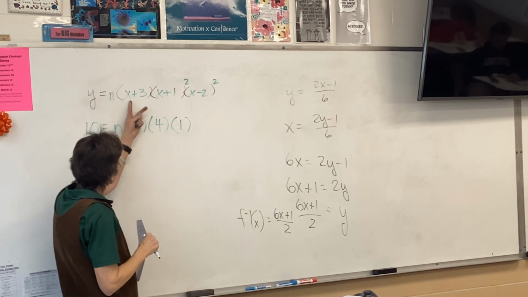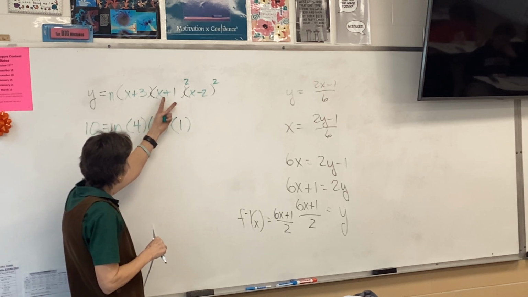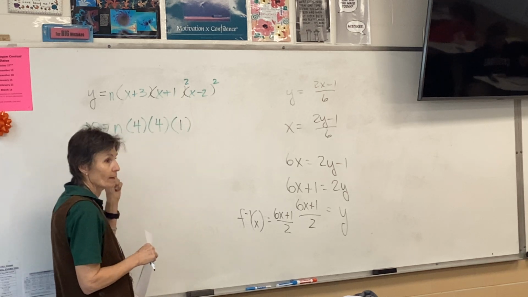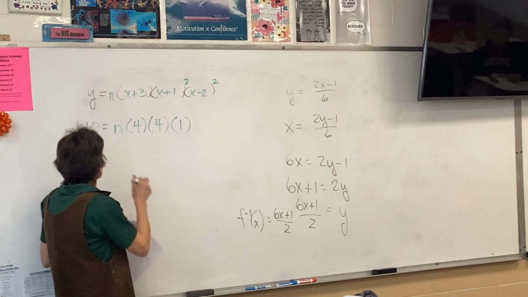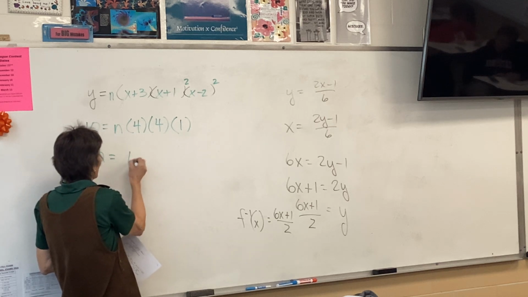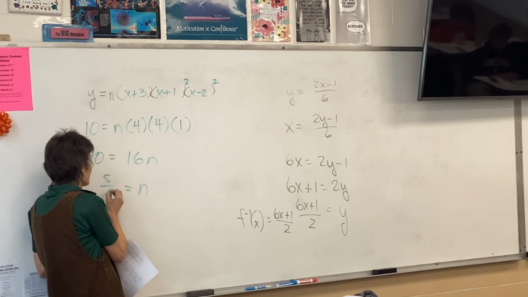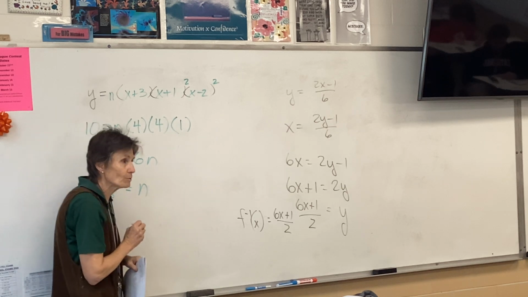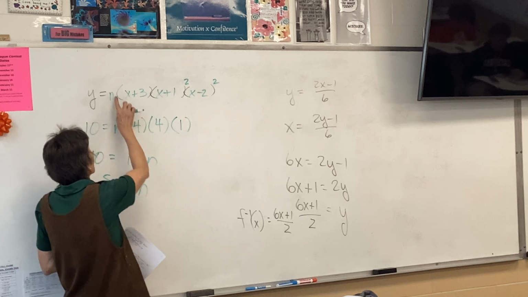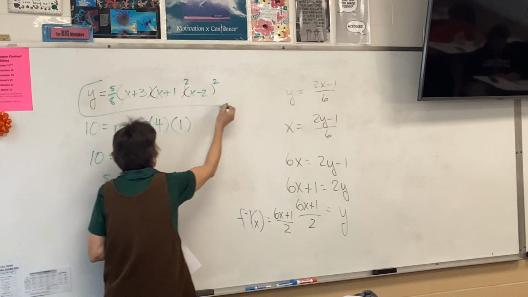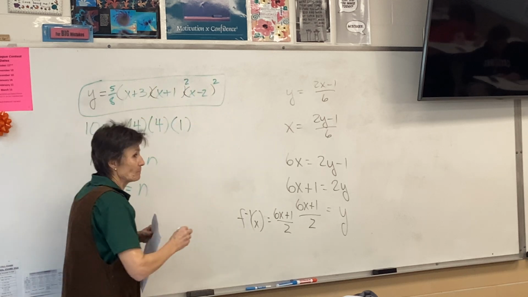So I put 1 in and square it. Does that look okay? So 10 equals 16n, n equals 5/8. And so what do you write in the answer blank? y equals 5/8 times (x plus 3)(x plus 1) squared (x minus 2) squared.